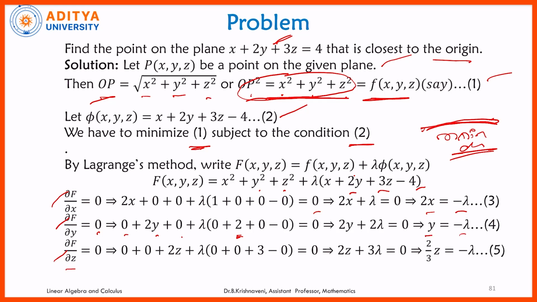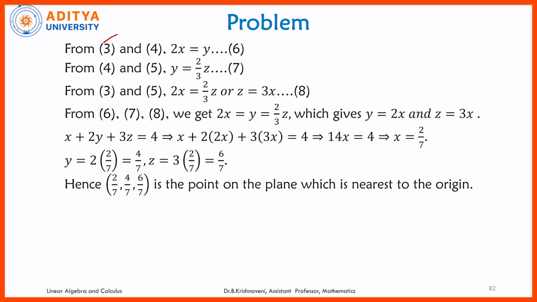Taking dou F by dou z is equal to 0: 2z plus lambda into 3 is equal to 0, so 2 by 3 z is equal to minus lambda. Let us represent these 3 with equation number 3, equation number 4 and equation number 5.